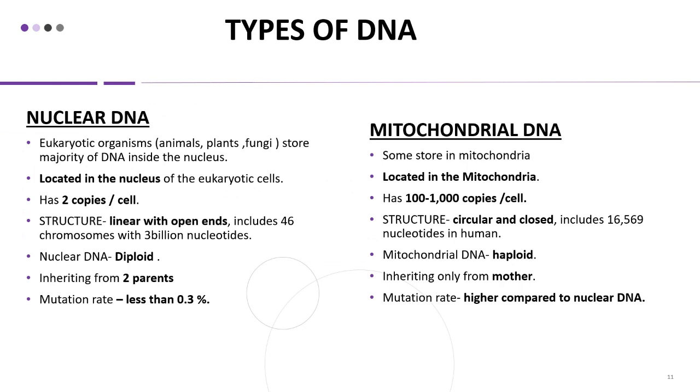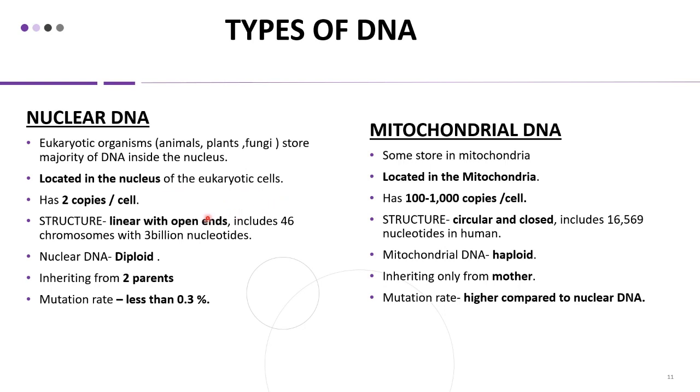Next comes the types of DNA. You can find 2 types of DNA in the living organism. One is the nuclear DNA and the other is the mitochondrial DNA. The nuclear DNA is found in eukaryotic organisms like animals, plants and fungi. They store the majority of DNA inside the nucleus. So as the name indicates, it is located inside the nucleus of the eukaryotic cell.